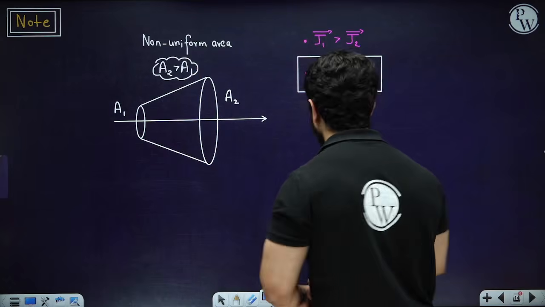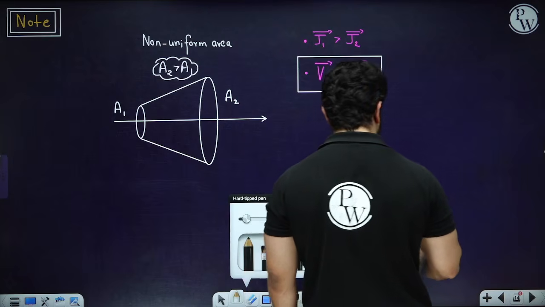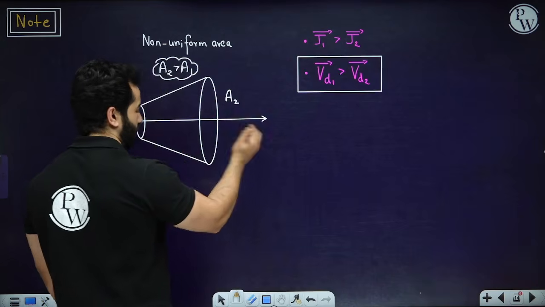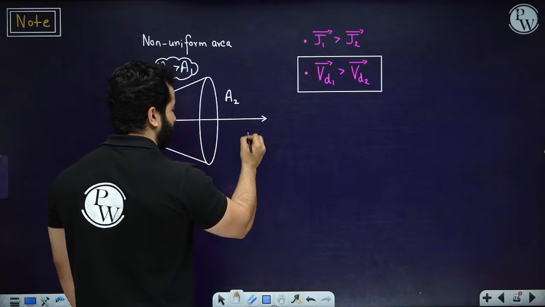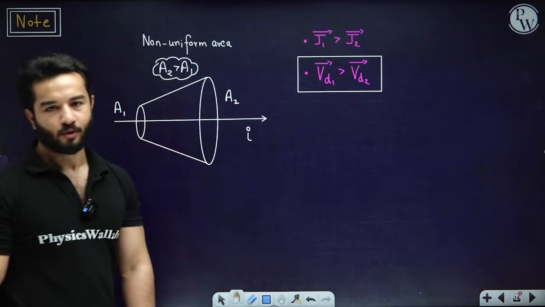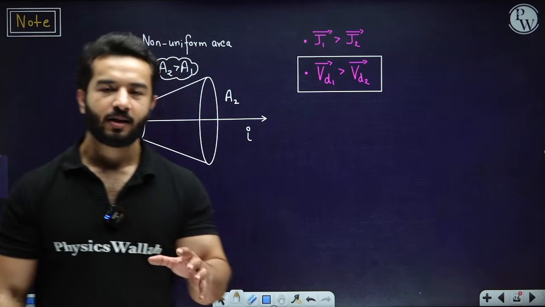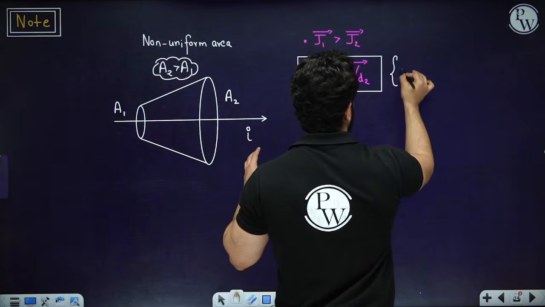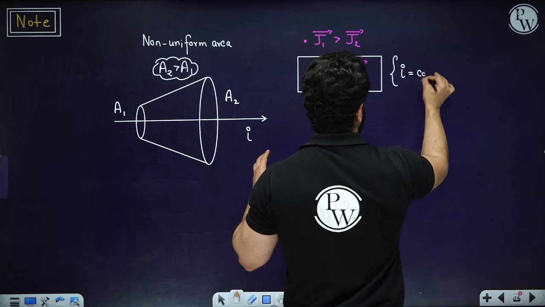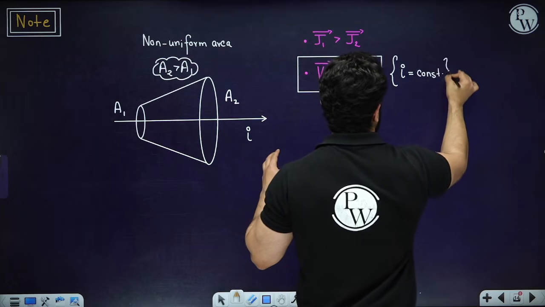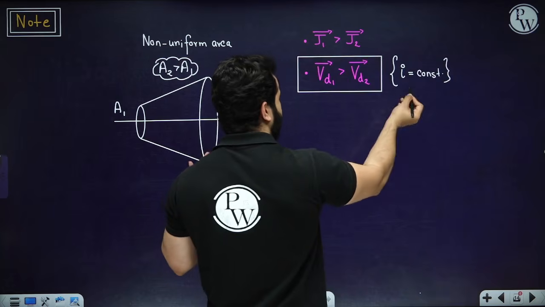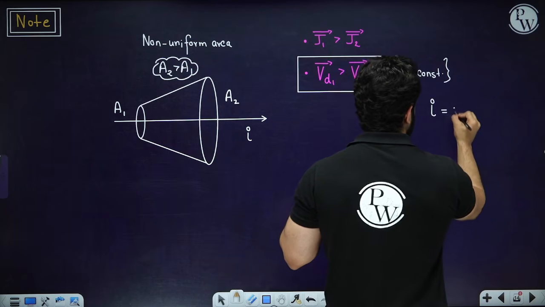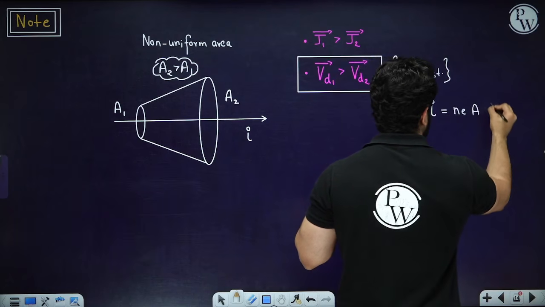But what is happening with drift velocity? Whenever you see questions like this, it would be even better if I say that a constant current is flowing through it. This is actually important. If constant current is flowing, I'll write that I is constant. Current is written as nEA vD.